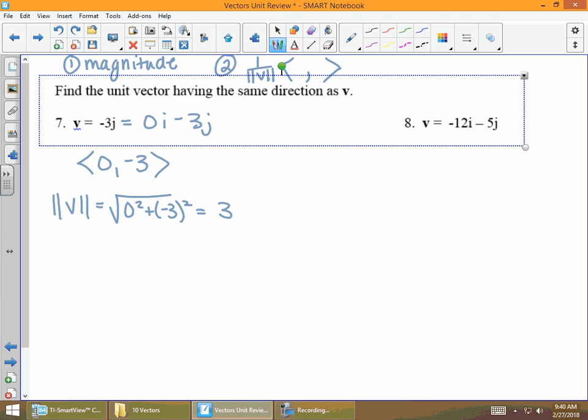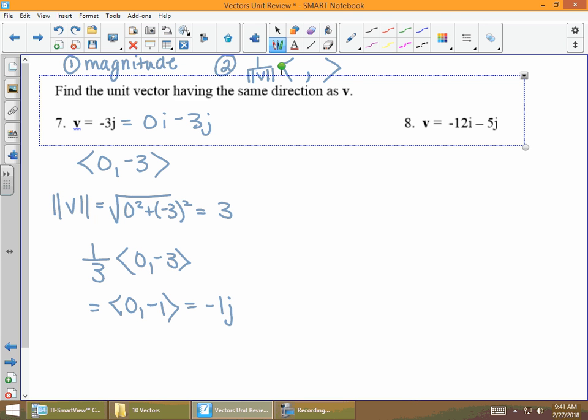And so to find our unit vector that's 1 unit long but in the same direction, we multiply through by 1/3: 0, and 1/3 times negative 3 is just negative 1. So there's the component form of your vector. In i and j form, that would be negative 1j.